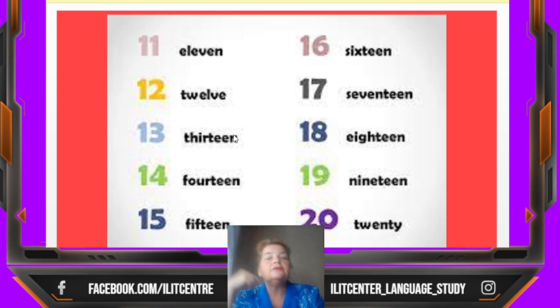Listen: 13, 14, 15, stress falls on this teen. 16, 17, 18, 19, and 20. You can see how we pronounce 19 and 20. Teen is suffix number 1, T is suffix number 2.